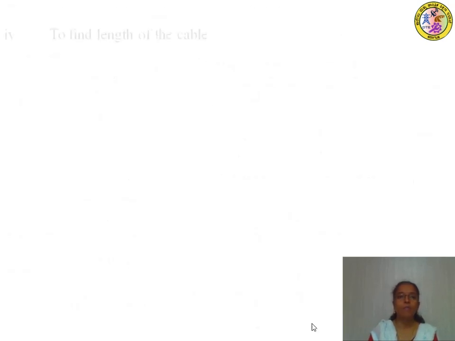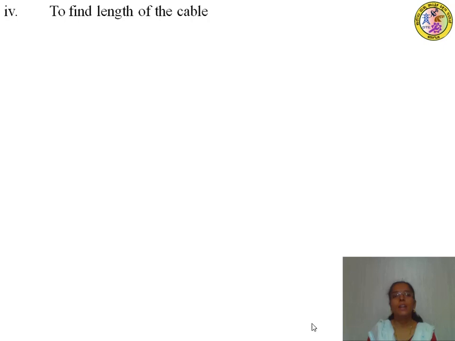Okay. So next we will move to find the length of the cable. In session number 7 we derived the length equation when the supports are at the same level and subjected to UDL, which is capital L is equal to l plus 8h square by 3l, where capital L is length of the cable, small l is span and h is the maximum dip.